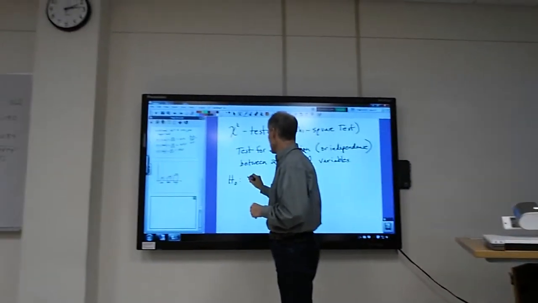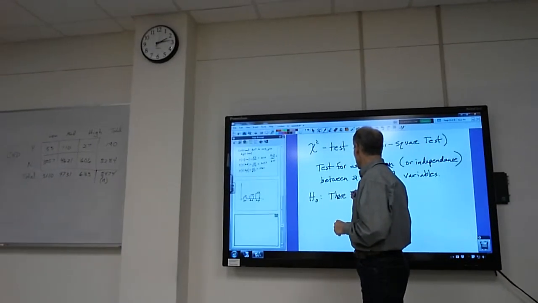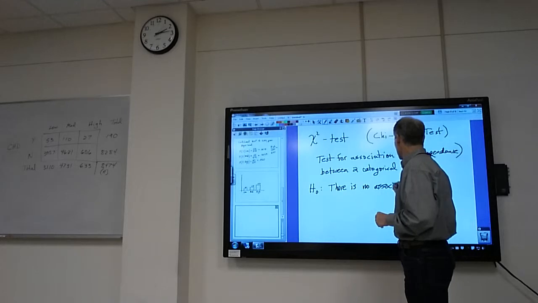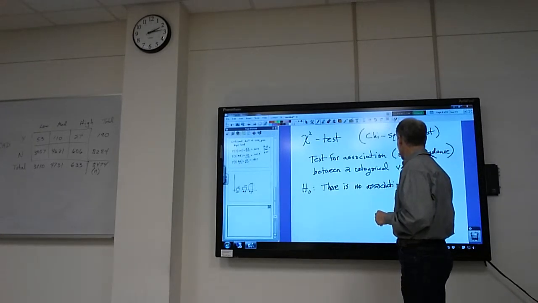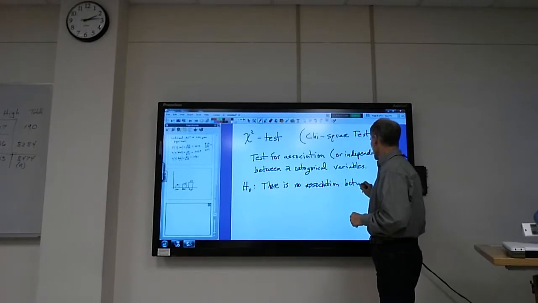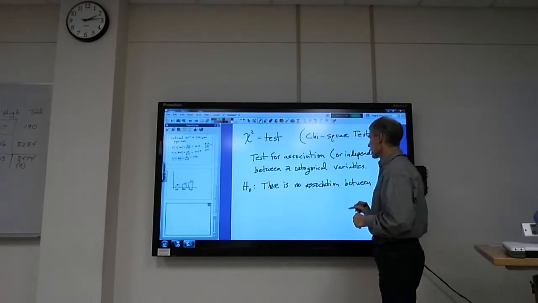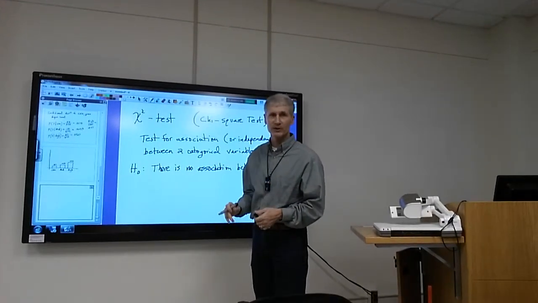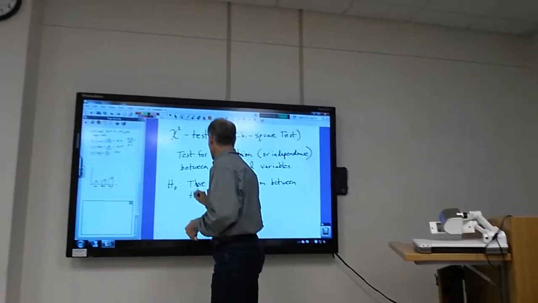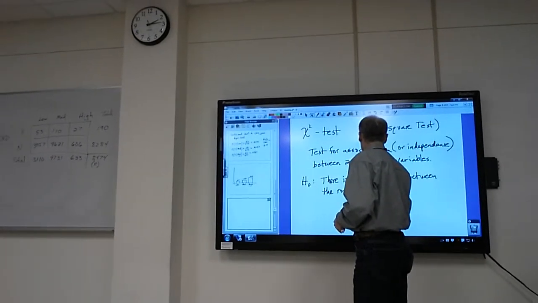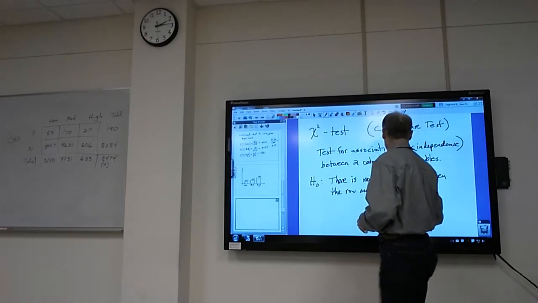The null is there is no association between, and I'll say it in a generic sense, the row variable and the column variable. So whatever those two variables are, right? Between the row and column variables.